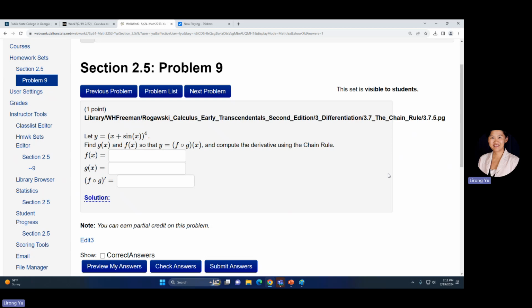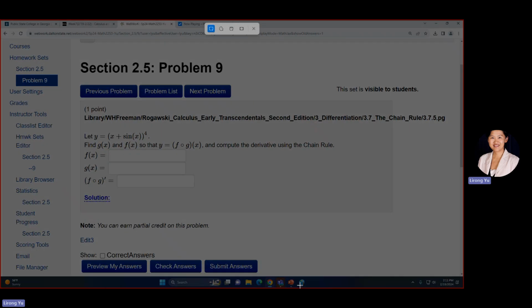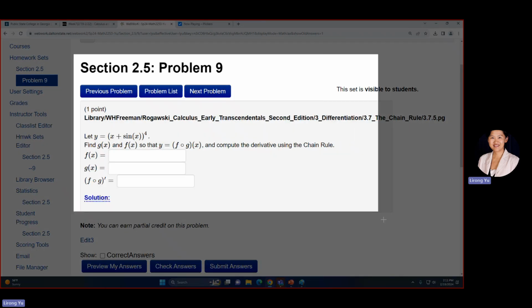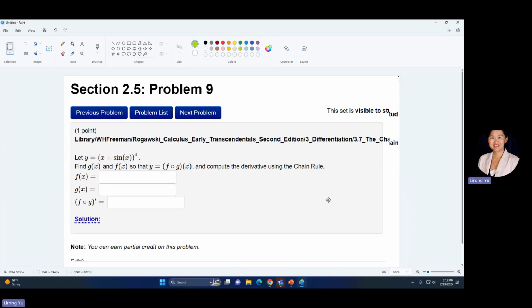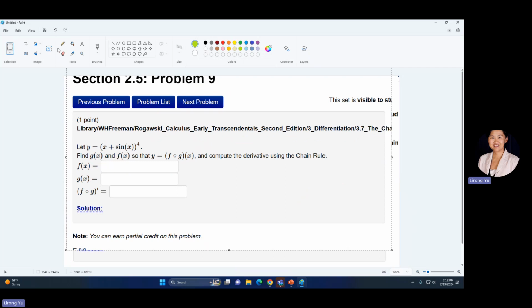All right, so you're given a function and you have the task of identifying the inside function and the outside function. In this, you're going to have to develop your own idea of the overall structure, or what the detailed little function is that was stuck in there. So if you look at it, this overall is a power of 4.